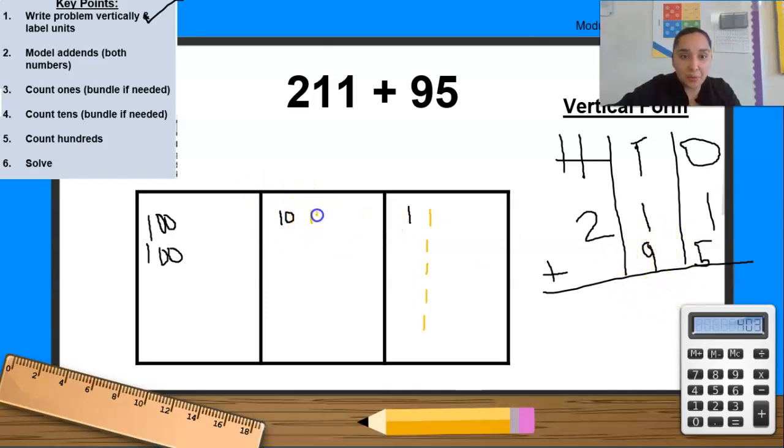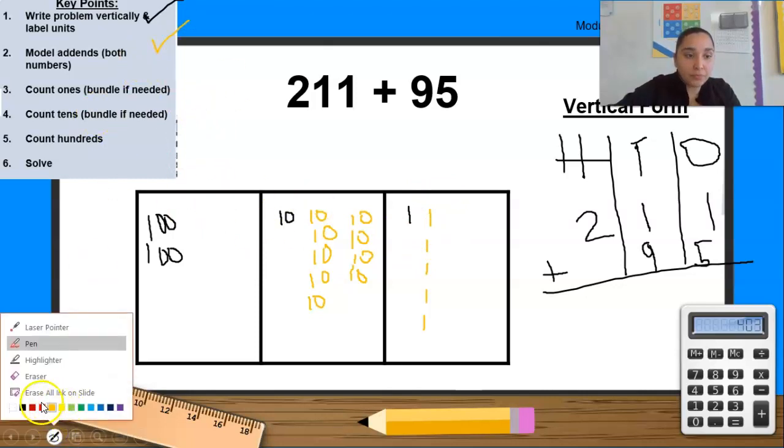I go 1 ten, 2 tens, 3 tens, 4 tens, 5 tens, 6 tens, 7 tens, 8 tens, and 9 tens. Does my vertical form match the place value disk? Yes, they do, boys and girls.